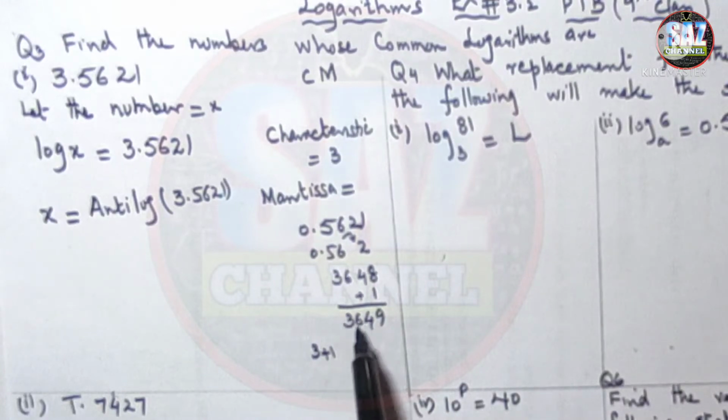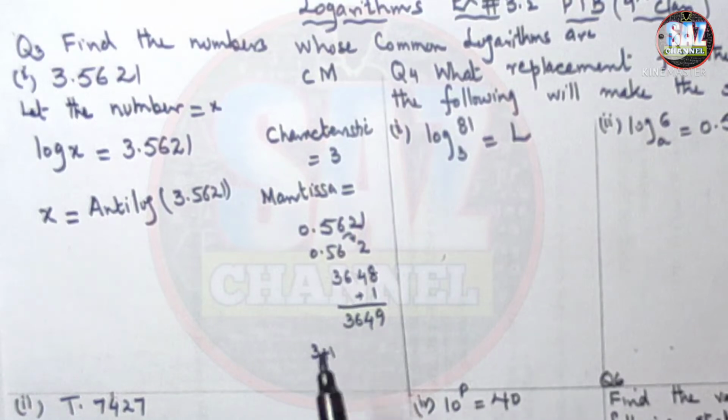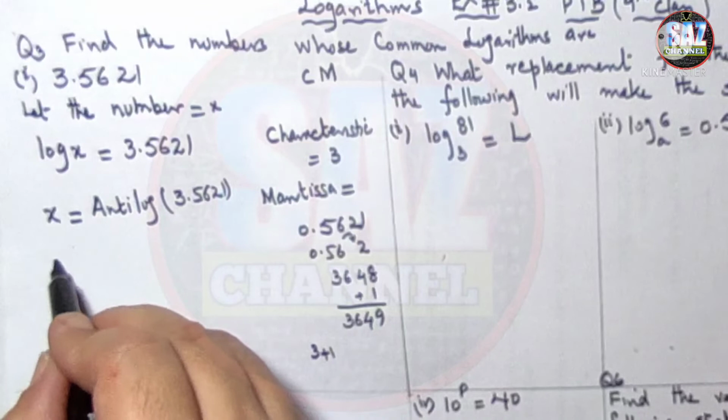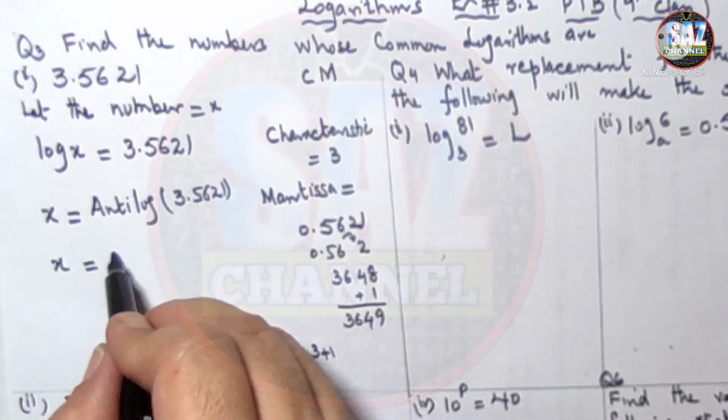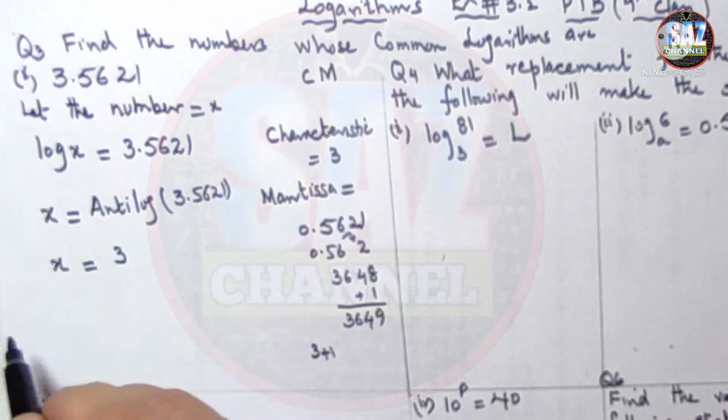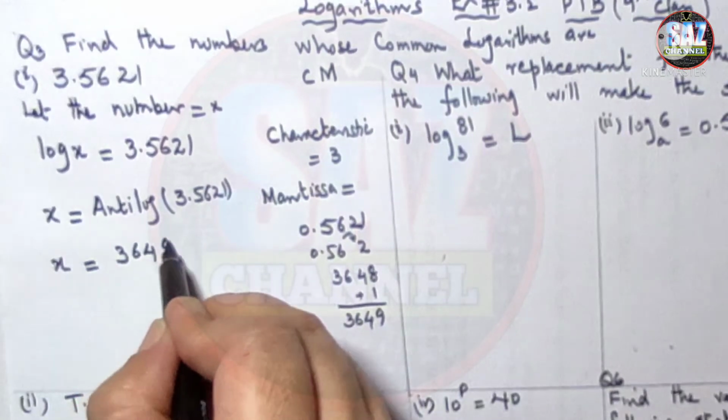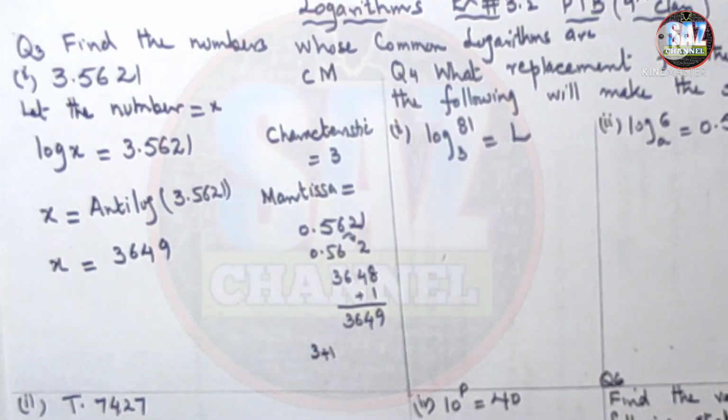It means I have to leave 4 digits from the left-hand side and place a decimal. So the number for which the log is 3.5621 is 3649. I hope you are clear about this question, and let's move to the next question.